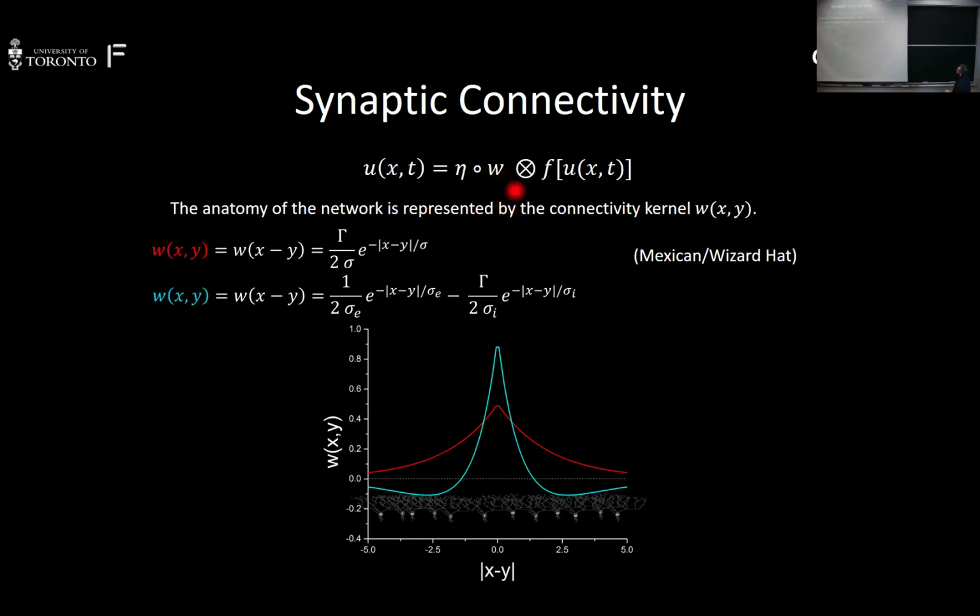The structure of this is that we're basically thinking about two pieces to it. They're both exponentials, just some exponential decay. The difference between them is these parameters, these subindices for the variance, the width, and the difference between them gives you this center surround structure.